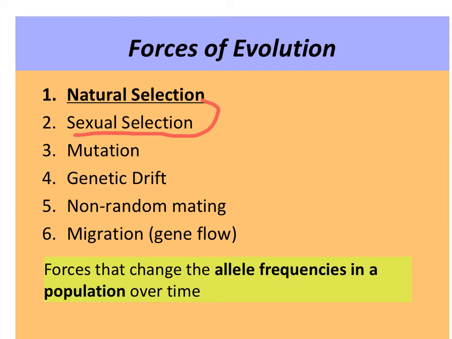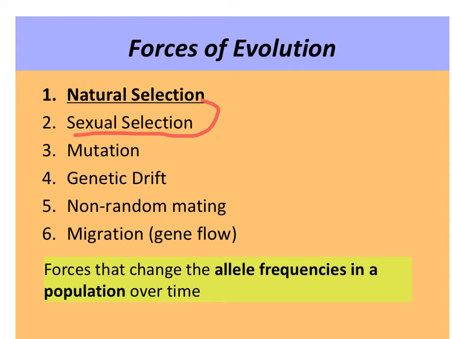Those two forces give you adaptive evolution, where individuals who have the good traits survive and reproduce better. They have higher fitness than individuals that don't have those alleles or beneficial traits, and so they leave more of their offspring and more of their genes into future generations.